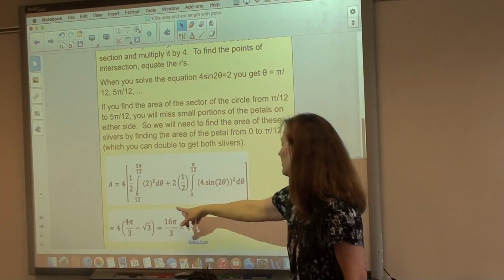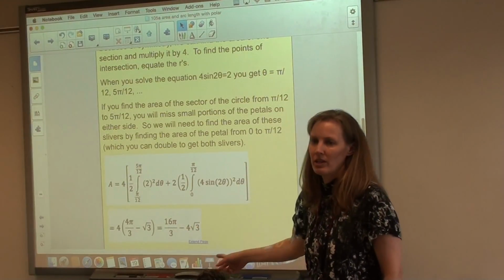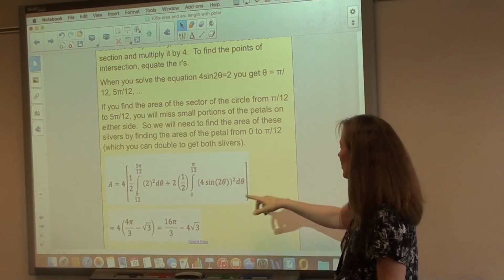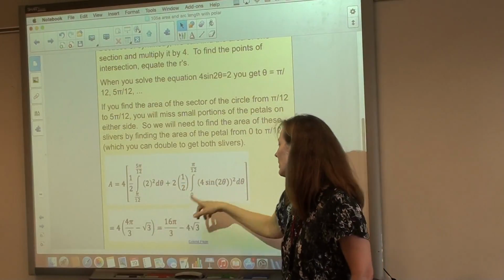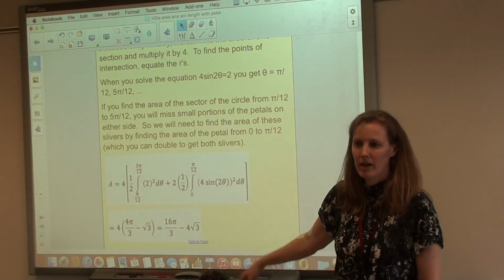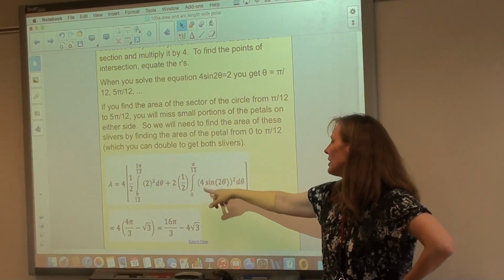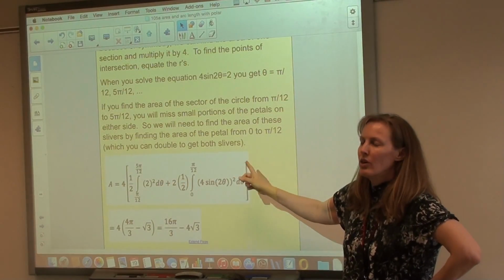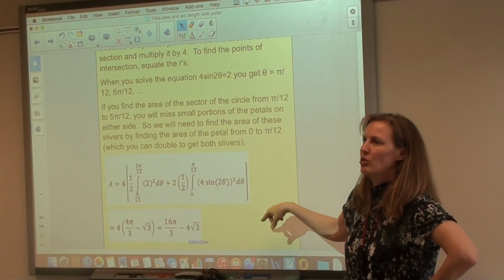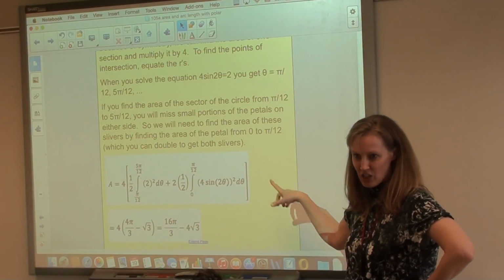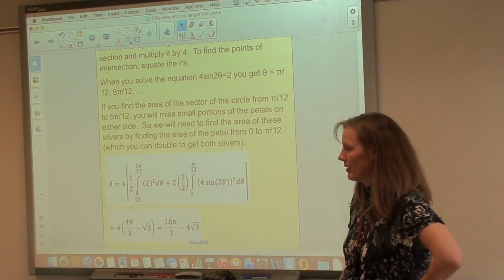Without doing the integral, this is your answer if you guys want to try to integrate it on your own. This is an easy integral, and then this is just another power reduction, right? Be careful when you do a power reduction, since this one would be a sine squared 2 theta, your answer would be 1 minus cosine 4 theta, because you had double the angle.